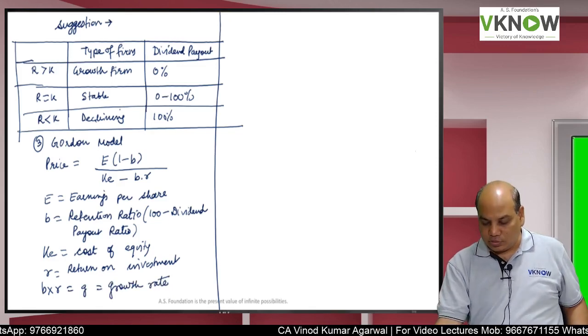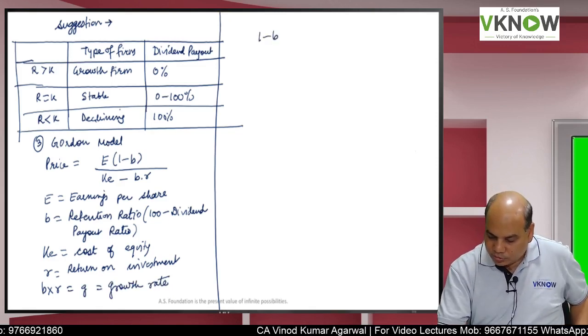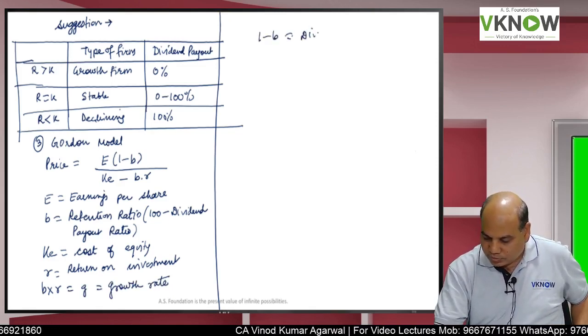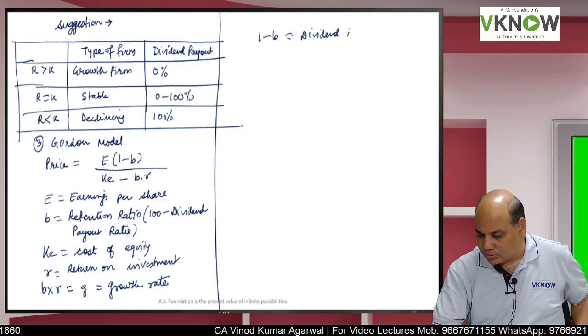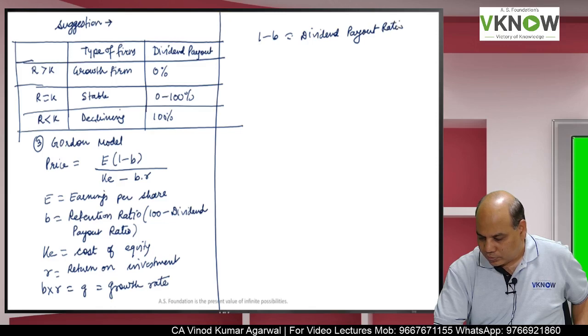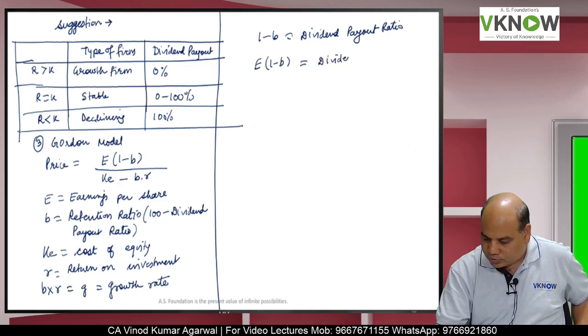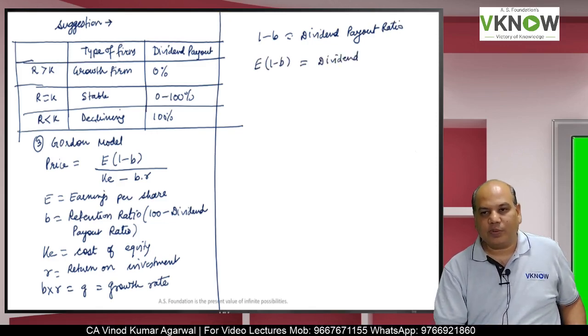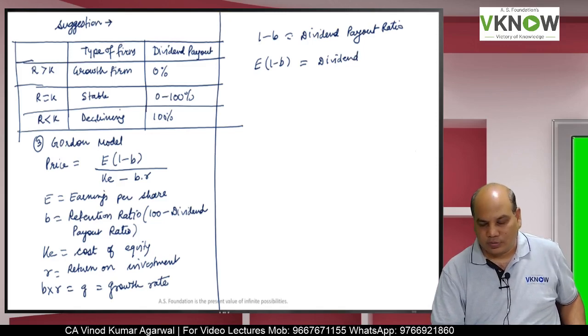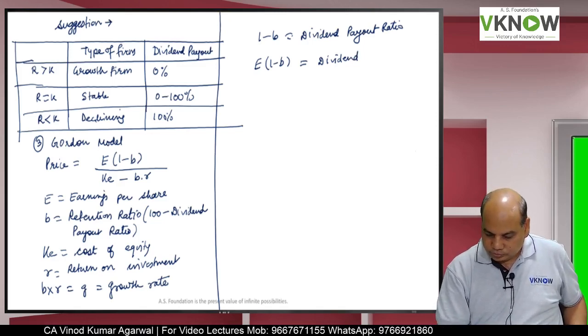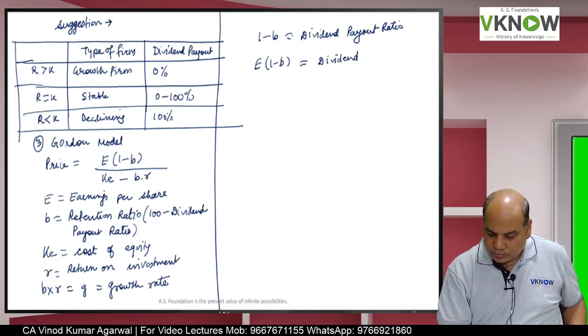B into R is growth rate. What is 1 minus B known as? Dividend payout ratio. What is E into 1 minus B known as? Dividend. Dividend is equal to earning into dividend payout ratio. Is it right? This is called the Gordon model.